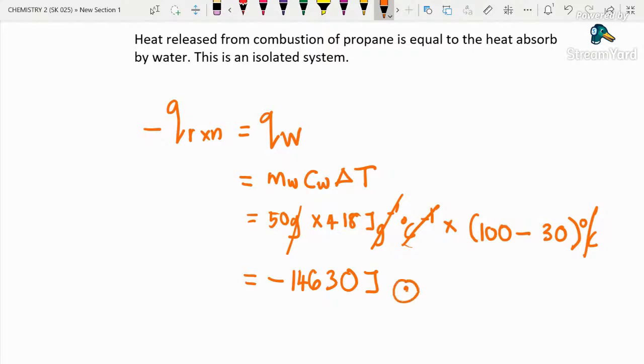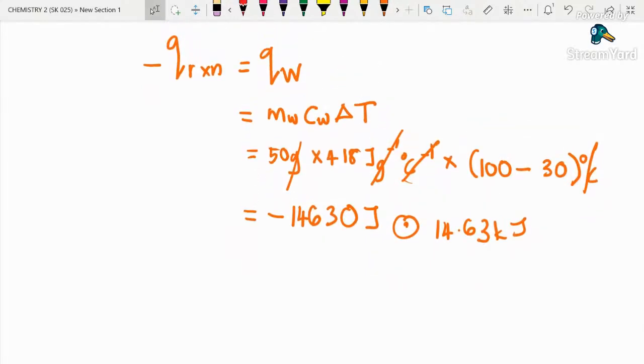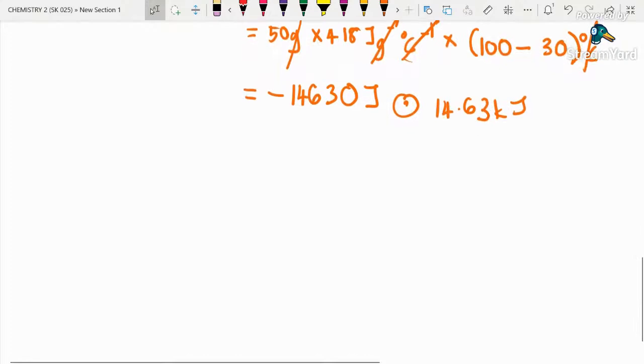Or you can transform to kilojoule, which is 14.63 kilojoule. So soalan nak apa? Calculate the mass of propane required. So yang ini kita tak tahu datang daripada berapa mol propane. So yang kita tahu confirm adalah 1 mol.